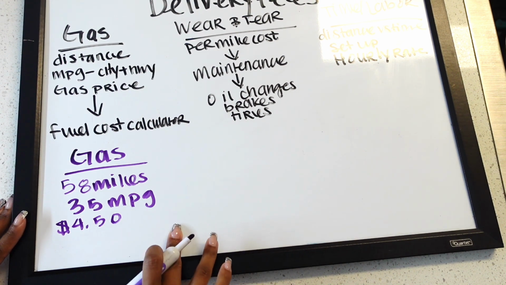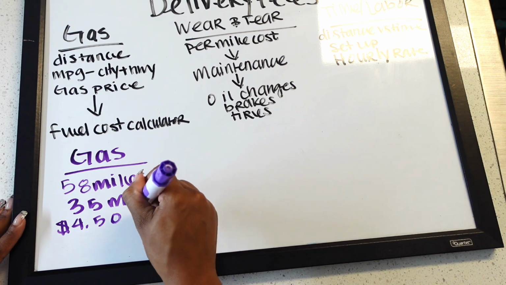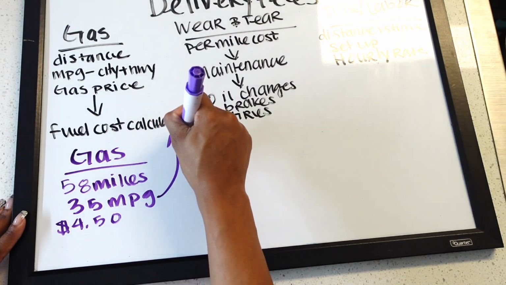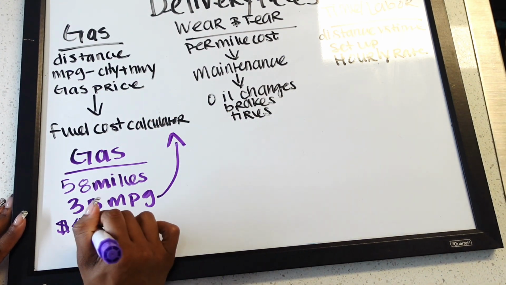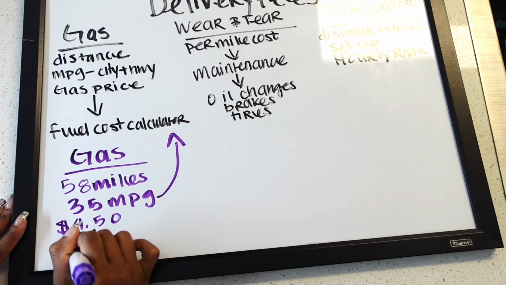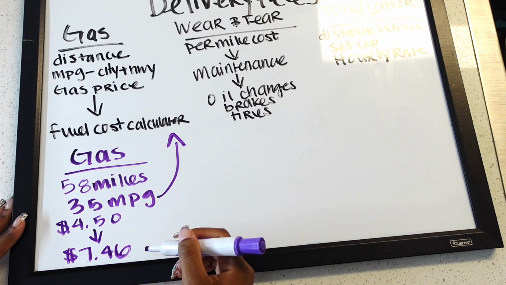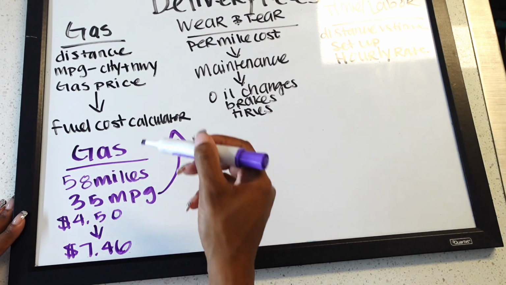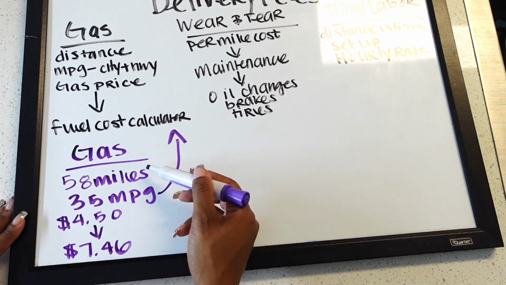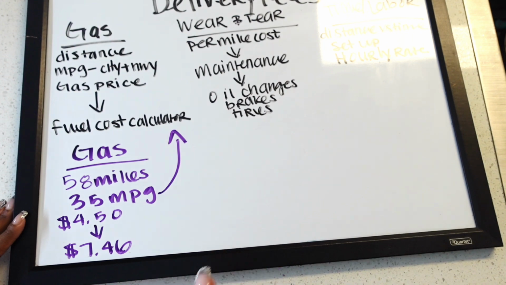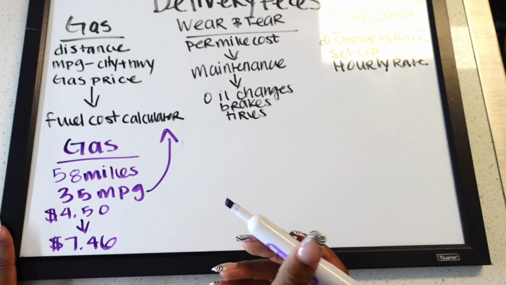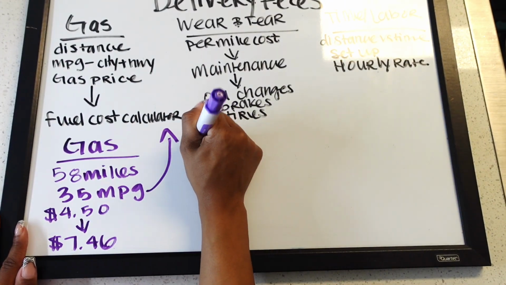So I plug all of this information into the fuel cost calculator, and I come up with $7.46. $7.46 will be the cost of gas based off of these specific details, okay? So next we're gonna move on to wear and tear.